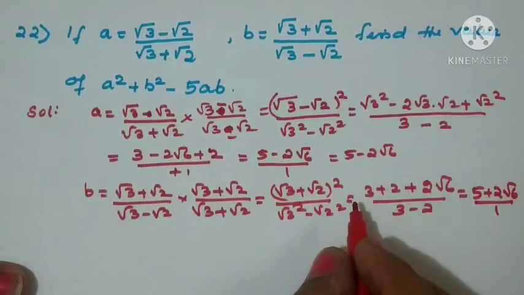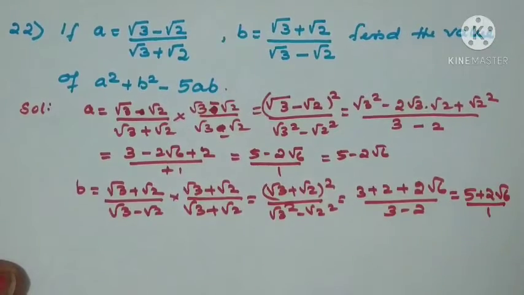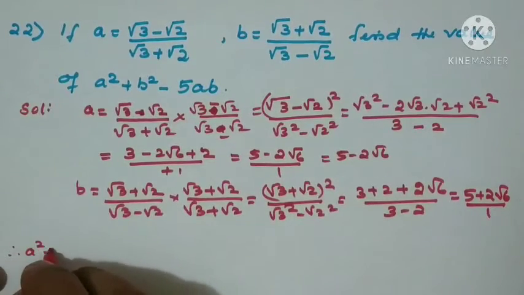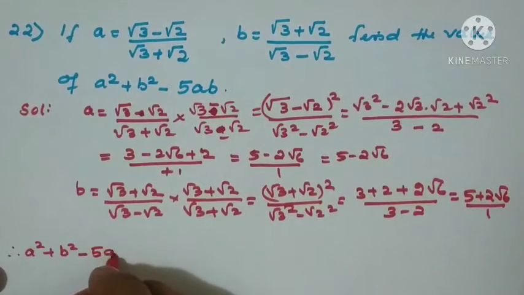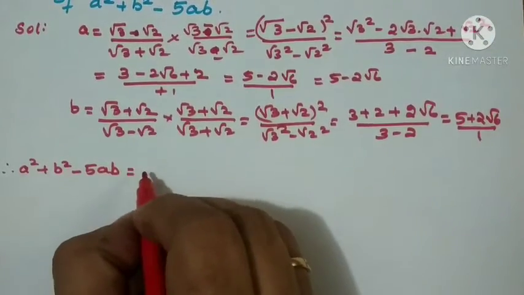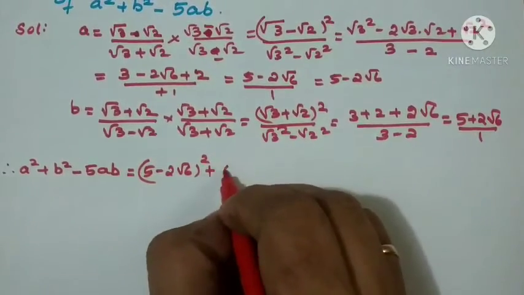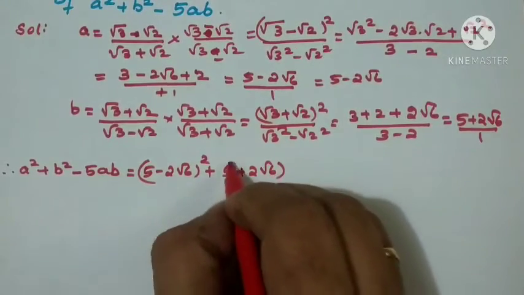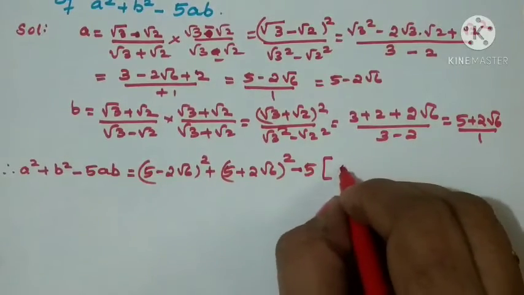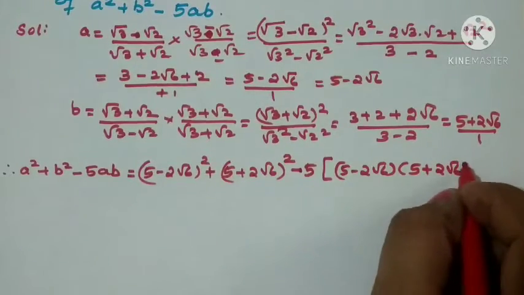So a we got as 5 minus 2 root 6, b we got as 5 plus 2 root 6. Now we will go for the question, a square plus b square minus 5ab. Substituting the values, 5 minus 2 root 6 whole square plus 5 plus 2 root 6 whole square minus 5 into 5 minus 2 root 6 into 5 plus 2 root 6.